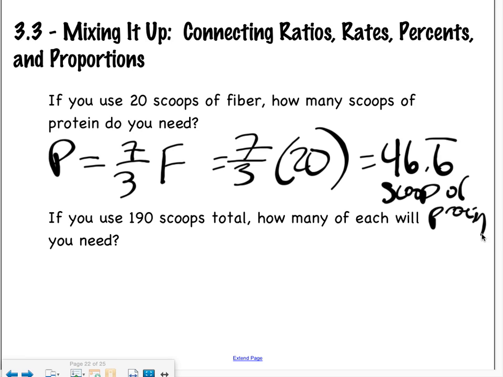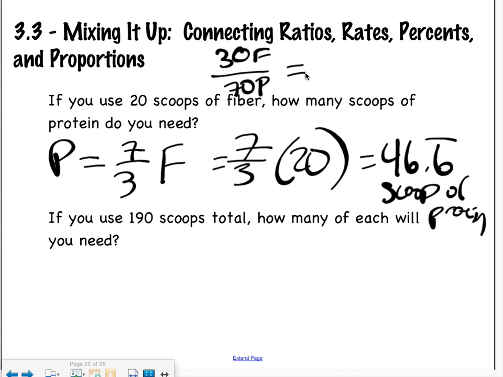So we could also set up a proportion. If you didn't want to use the formula, or you weren't sure of yours, we know the rate of 30 fiber over 70 protein. It's in percents, but that's what was given to us in the problem. If those are percentages, we made it 30 fiber for 70 protein, because assume there's 100 scoops.